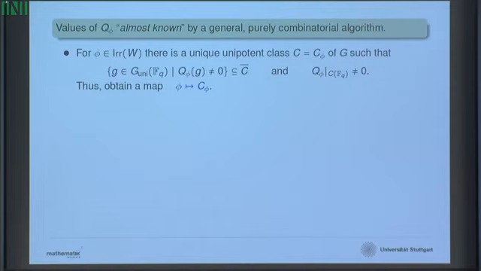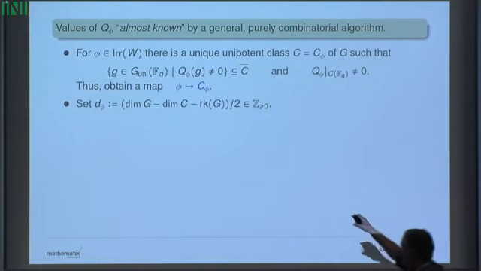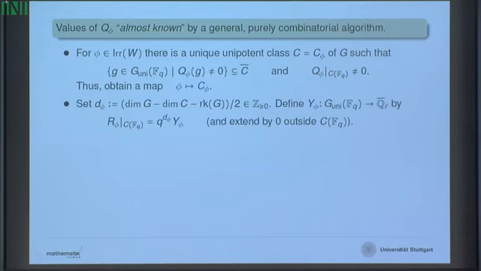If you take this as a definition, which is not the original definition, but for the purposes of this talk, we can take it like this. So you can associate to each phi a unipotent class. Then we define this number, which by general properties is always an integer, zero or positive. And we define these Y functions, which is just the restriction.